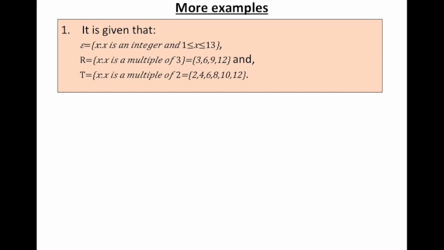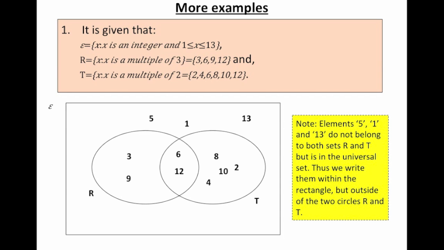Now, to draw both set R and T, we note that they will partially overlap each other since they contain elements that are common to both sets. In this case, the common elements are 6 and 12. Note that in this case, the elements 5, 1, and 13 do not belong to both sets R and T, but are in the universal set. Thus, we write them within the rectangle, but outside of the two circles R and T.